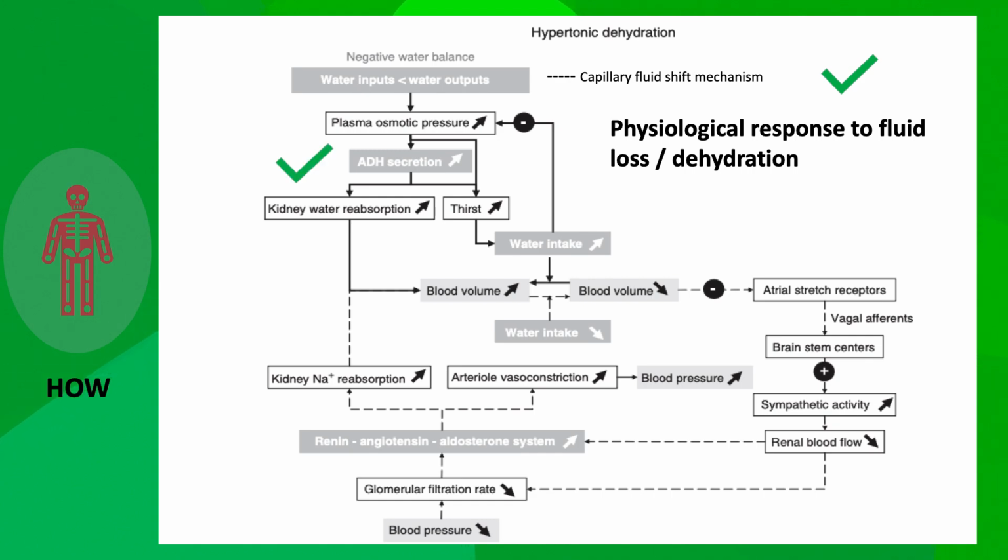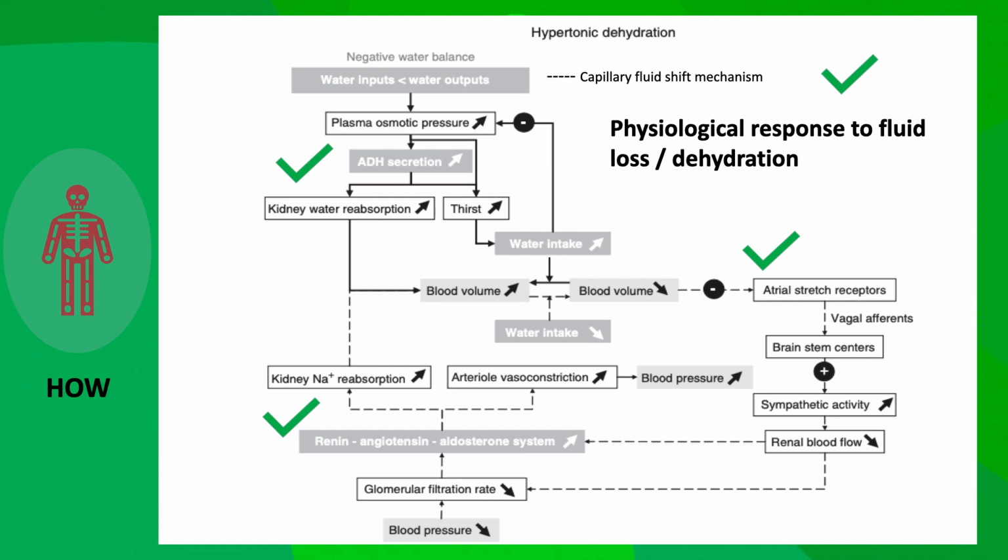Then there is ADH secretion from your posterior pituitary, which tries to restore the plasma volume by decreasing diuresis or decreasing free water clearance. Then there is increase in renin, angiotensin, and aldosterone secretion, which will try to restore your blood pressure and try to maintain the glomerular filtration rate. Then there is decreased secretion of atrial natriuretic peptides, which will decrease natriuresis and try to restore the plasma volume.